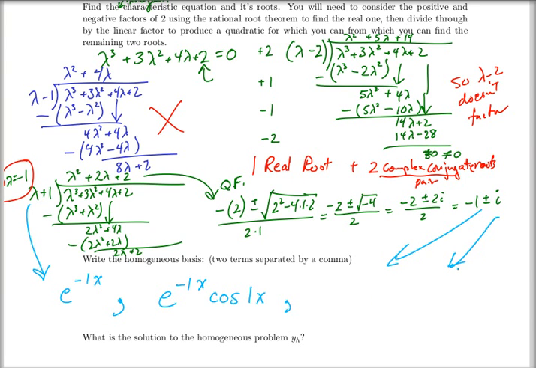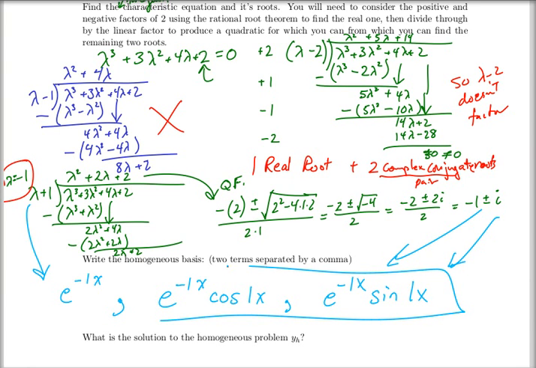And it's also going to give us e to the minus 1x sine 1x. Now these are the real solution functions, not the exponential e to the minus 1i x, not the complex.